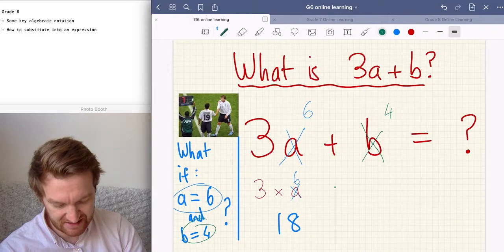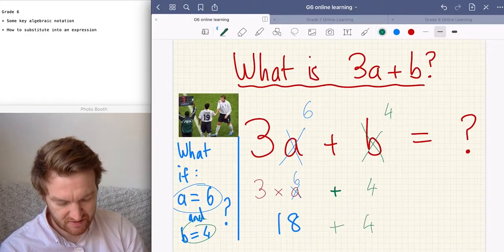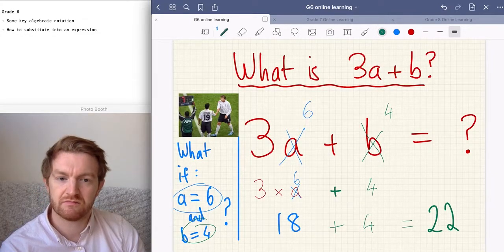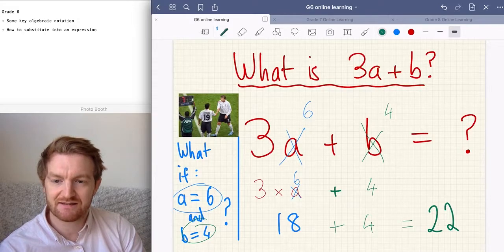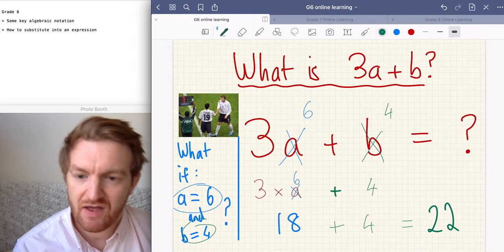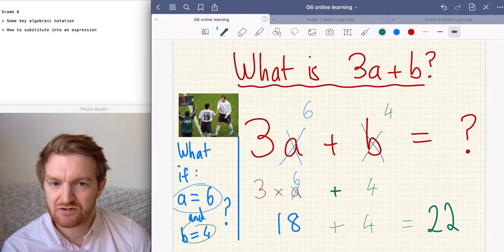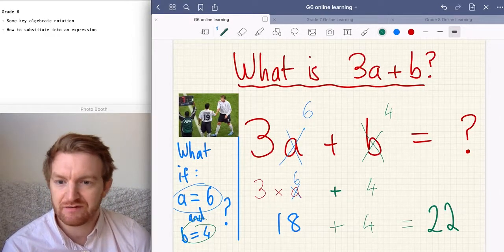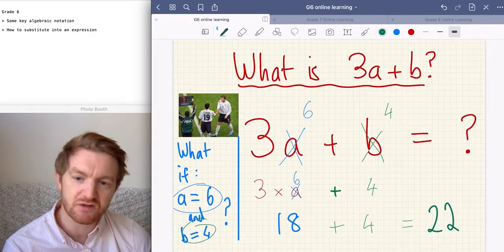I'm going to add on 4. And 18 plus 4 is 22. So if A is 6 and B is 4, the cost would be 22. If I buy 3 of something at $6 each, and 1 of something at $4, my total bill is $22.